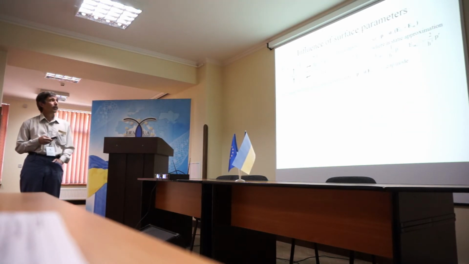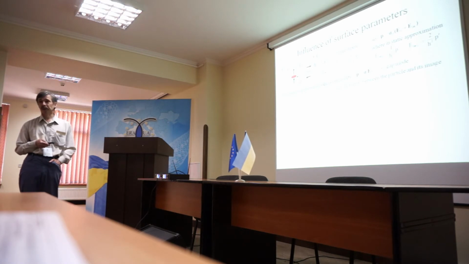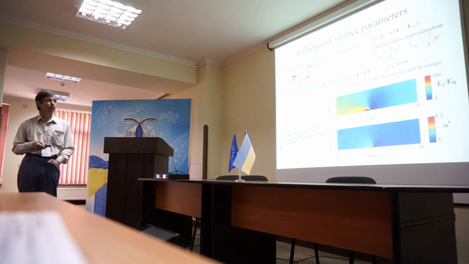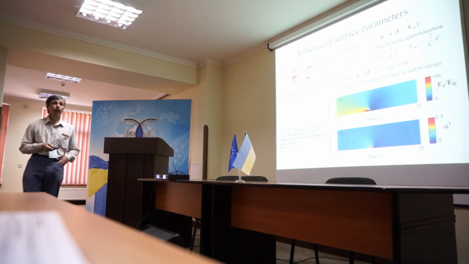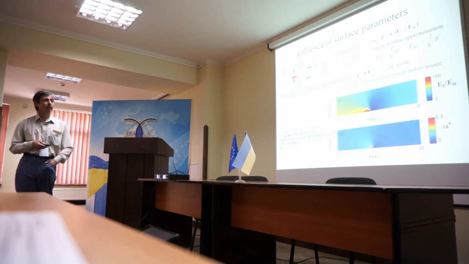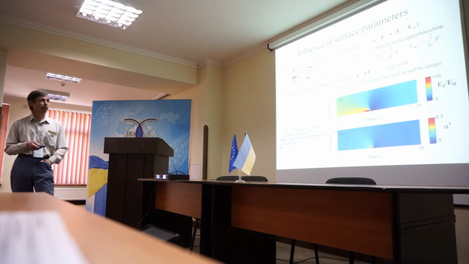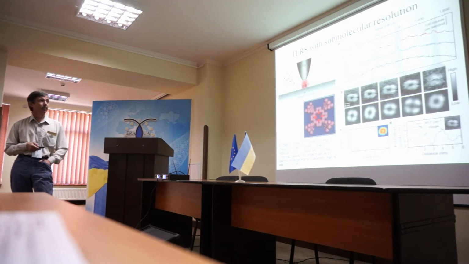So there is a field enhancement just in this region. We can rather easily describe it in the model of interacting dipoles, and it demonstrates that this also strongly depends on the parameters of our substrate. So we have many possibilities to play with the parameters of our system to receive a TERS signal.